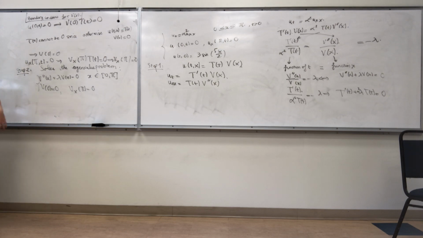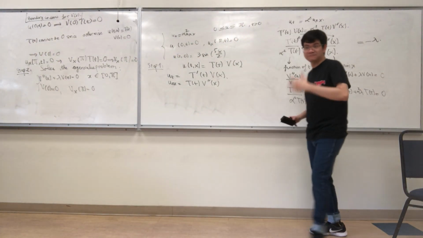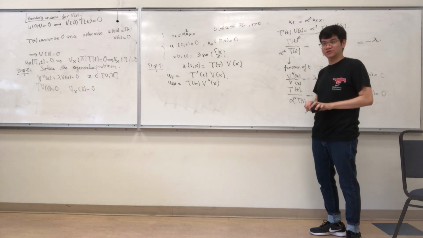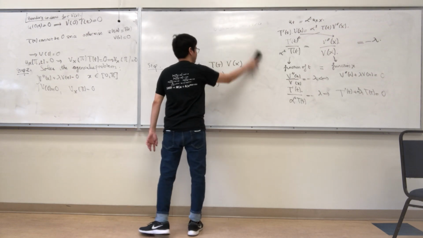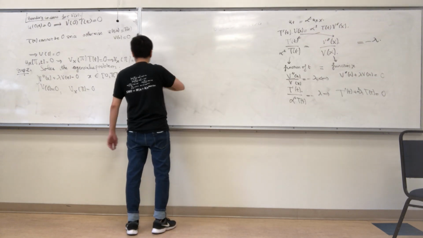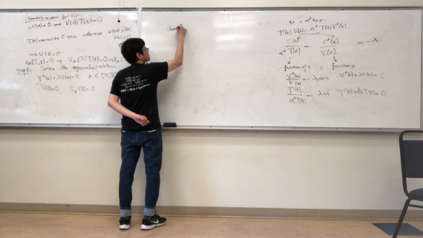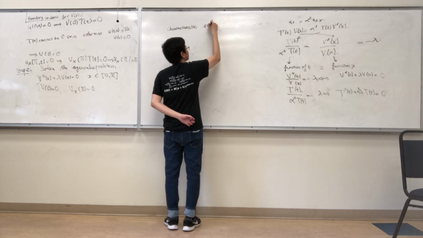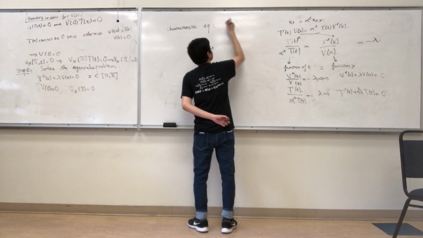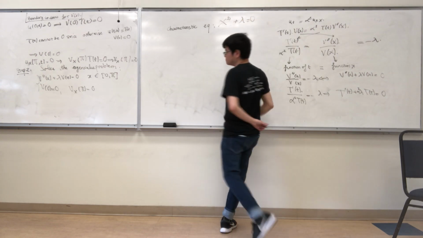In order to solve this equation, you use the classical method that we've learned, the method of the characteristic equation. So you have x squared plus lambda is 0.